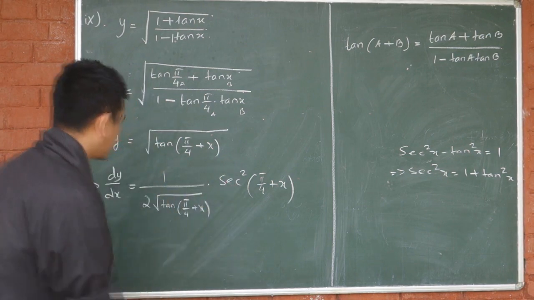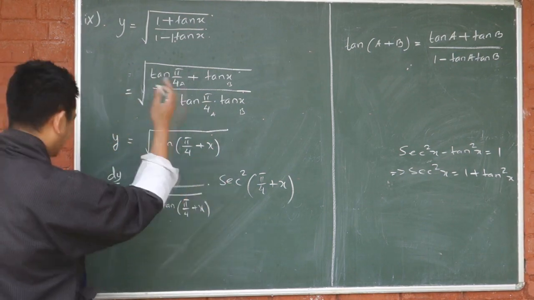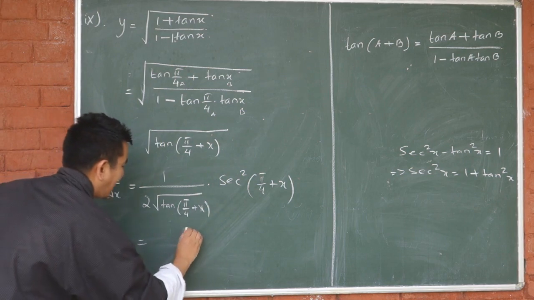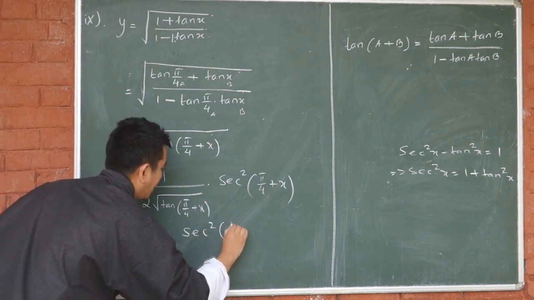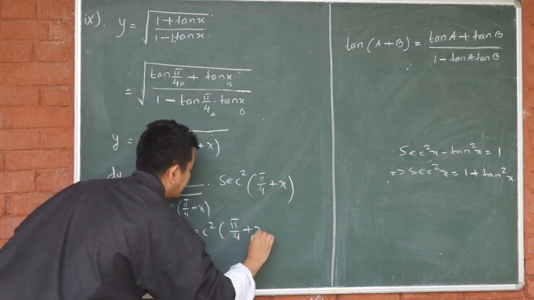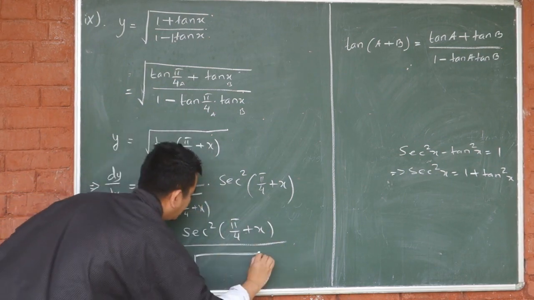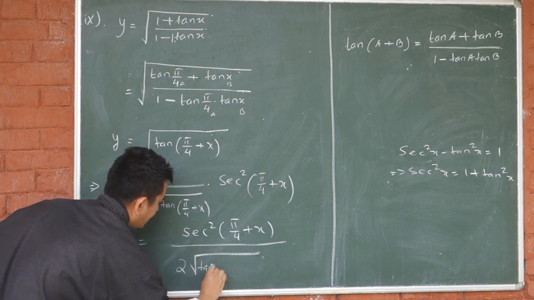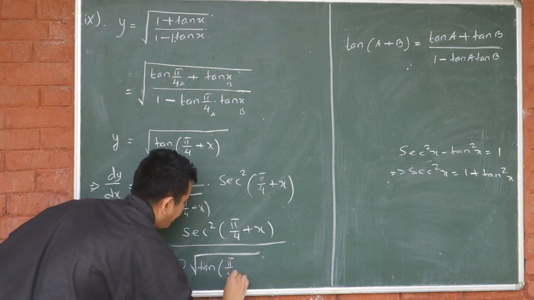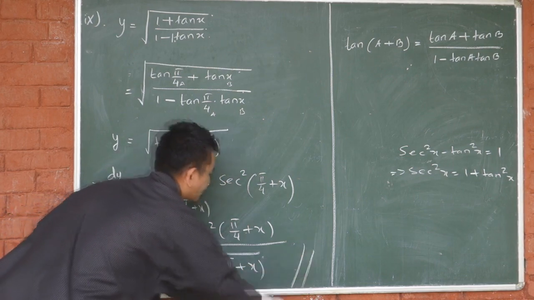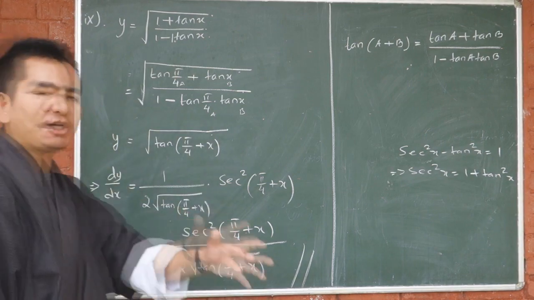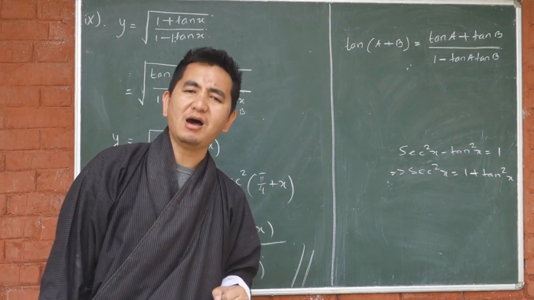Differentiating x gives 1. So that is the answer we have. Can we do something? No. Go ahead, we keep it as it is. So the final answer is sec square(pi by 4 plus x) divided by 2 root of tan(pi by 4 plus x). That's it. Make sure you get thorough with all the identities. Okay.